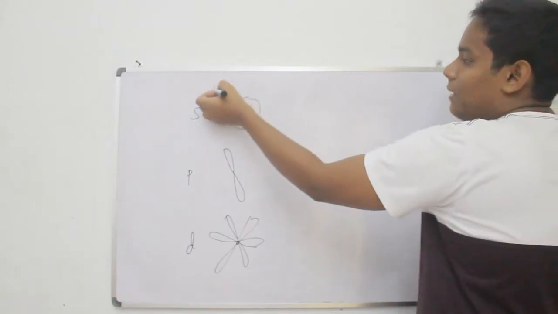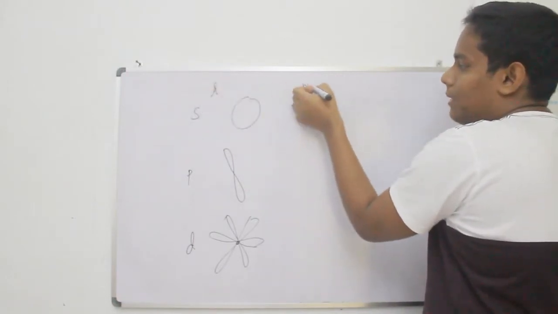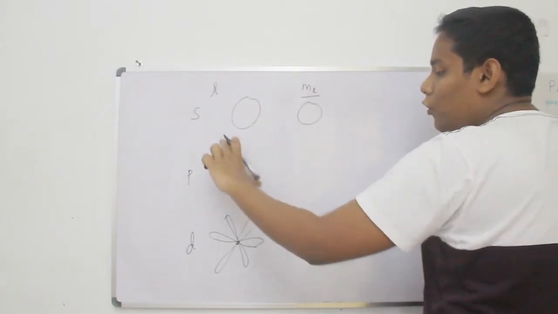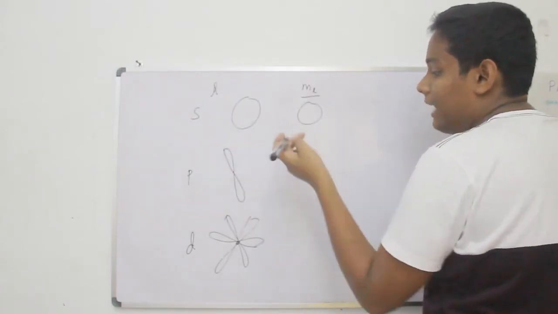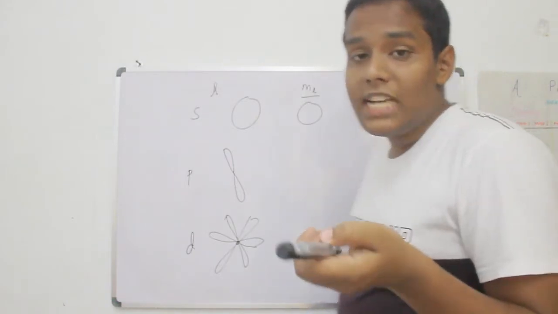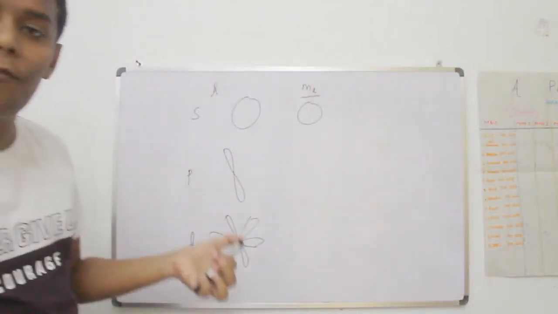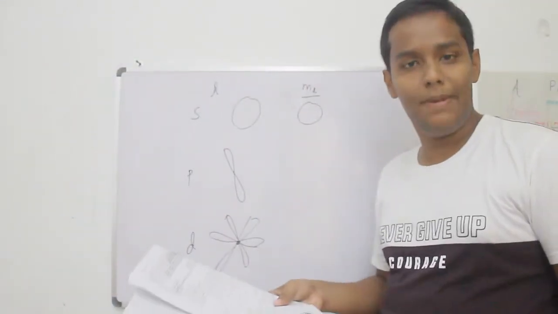And this is in terms of l, the azimuthal quantum number. In terms of ml, s will still be spherical. Although p is dumbbell, it will have an orientation in 3 planes of space. And for d, obviously a more complex feature. So the answer for question number 2 will be answer number 5.